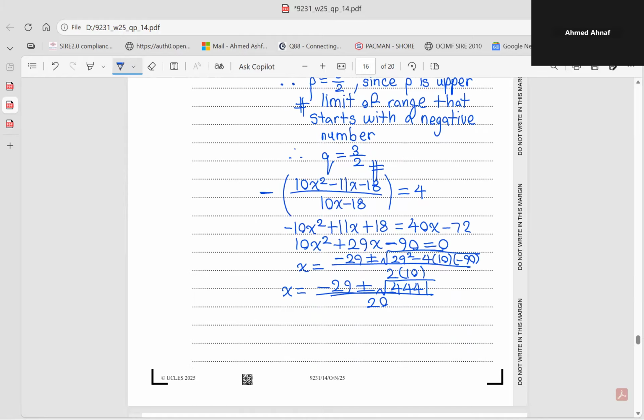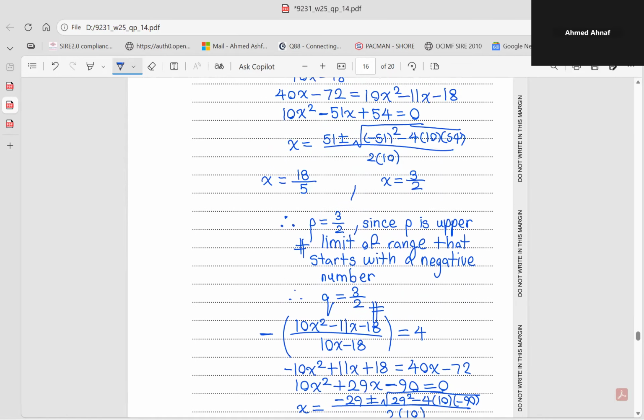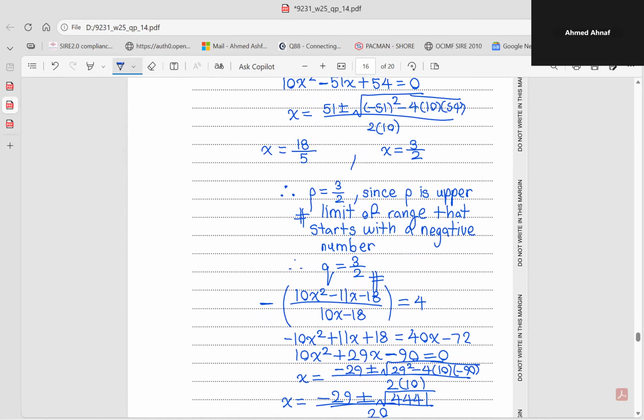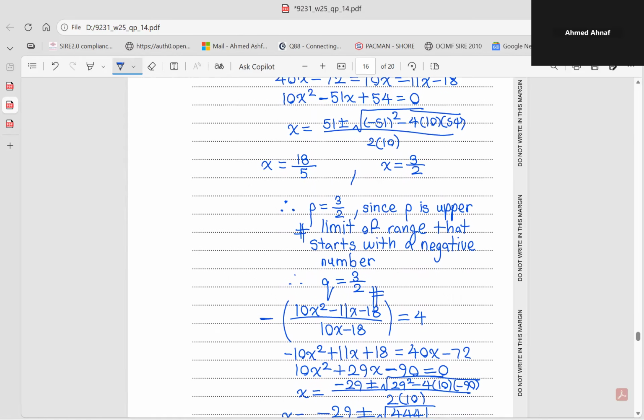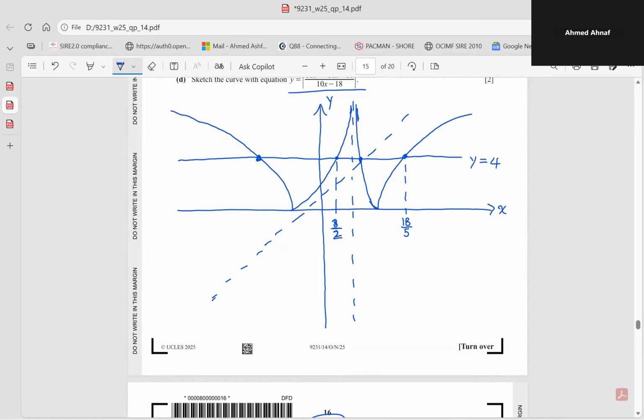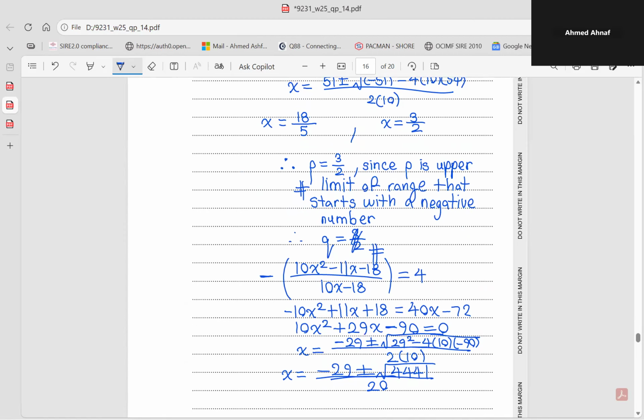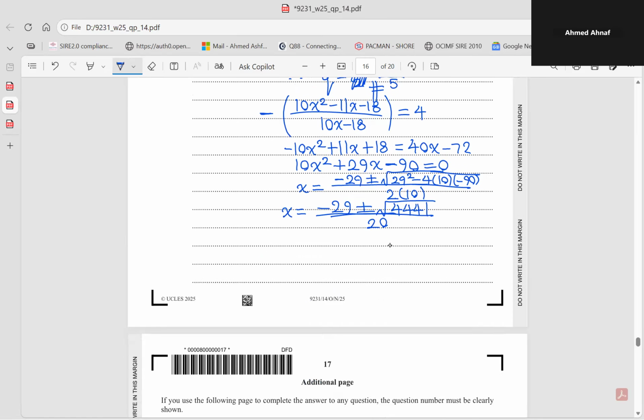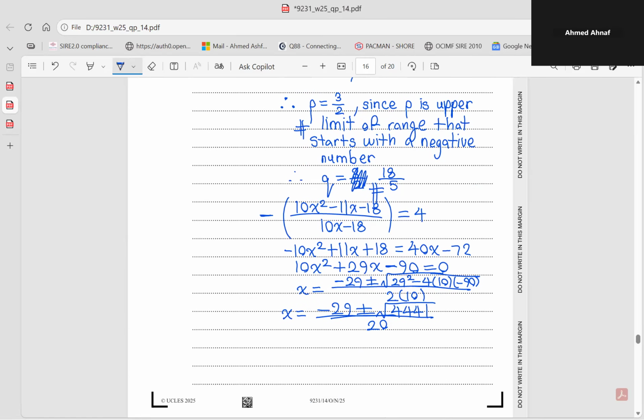So this is the other value of x, which we cross-checked. And therefore P is 3 over 2 and Q is 18 over 5. So just give me a while.